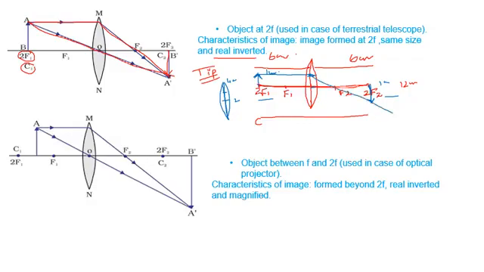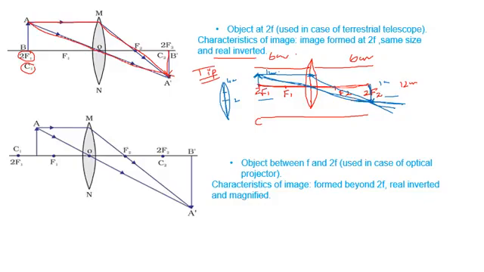And the second ray will emerge from the optical center, goes as it is, and goes like this. So these two rays are crossing or meeting each other over here. So with the help of a proper scale, you draw this line, and try to meet these two rays right over here.